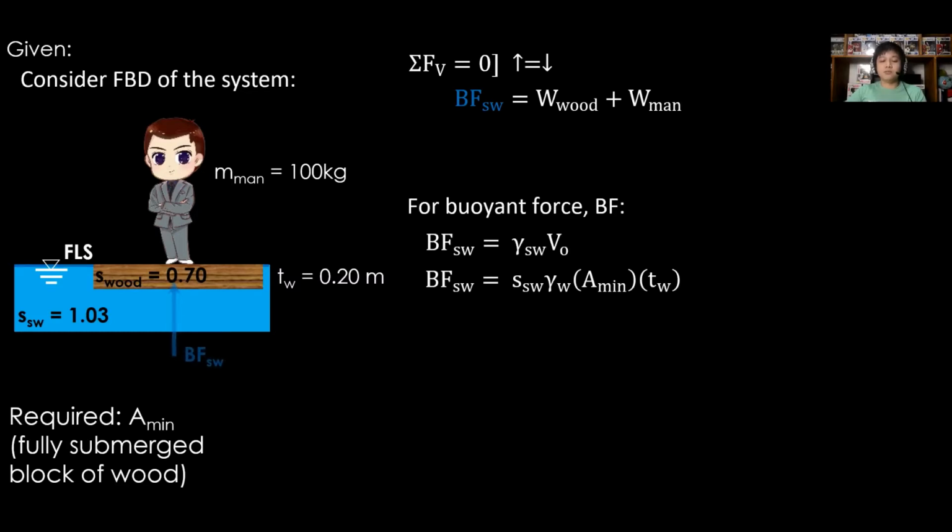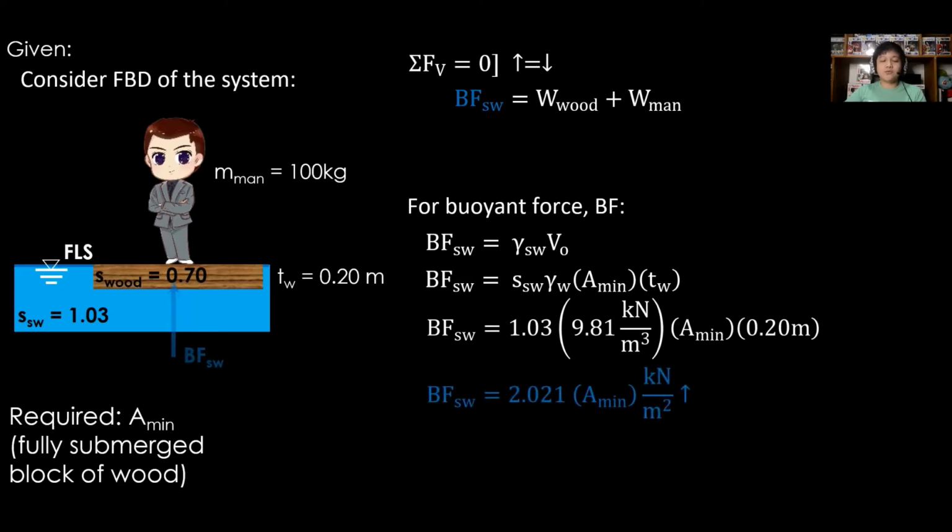And for volume, that is the product of the minimum area, or A-min, and uniform thickness of the block. Substitute specific gravity of seawater as 1.03, gamma of water as 9.81 kilonewtons per cubic meter, and the thickness of the wood as 0.2 meter. The updated value for BFSW is 2.021 times A-min in kilonewtons per square meter.